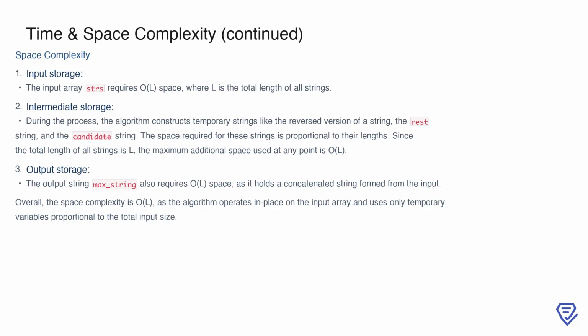Finally, the output string, which is the lexicographically largest concatenated string, also requires O(L) space. Together, this means the algorithm operates with a space complexity of O(L), as it uses only in-place modifications and temporary variables proportional to the input size.